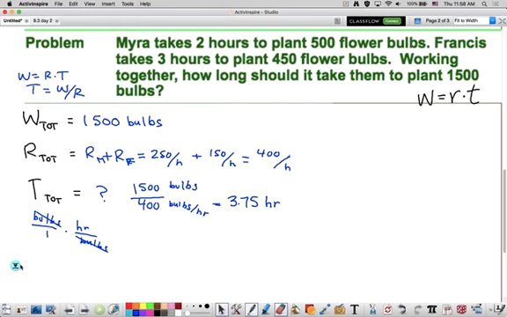Oh, are you talking about this piece? Time is work divided by rate. So you use this quick formula and manipulate it to what you want to get, which was time. So I solved for t, and then I input numbers after I have them.